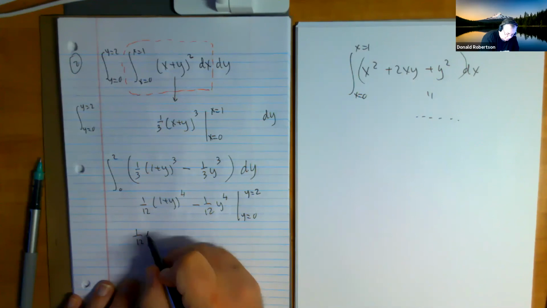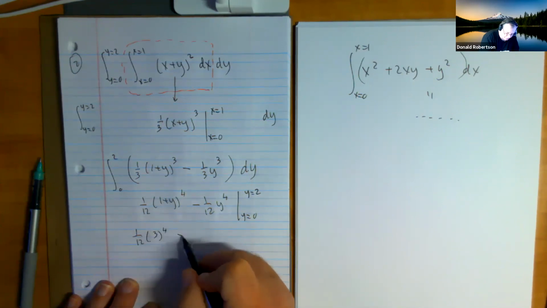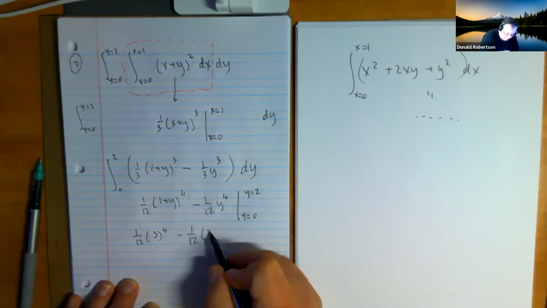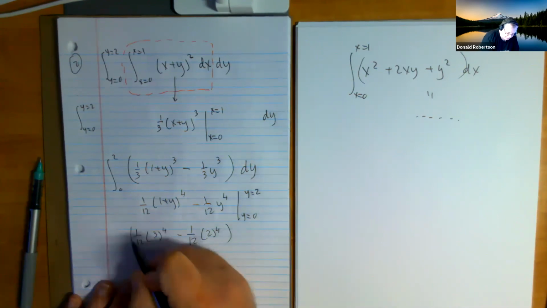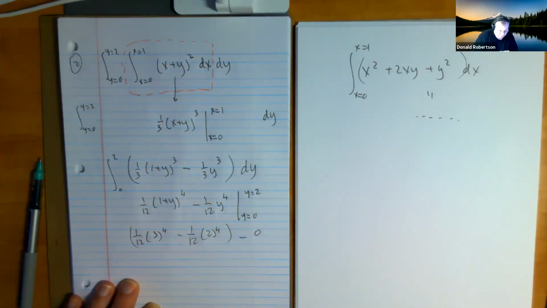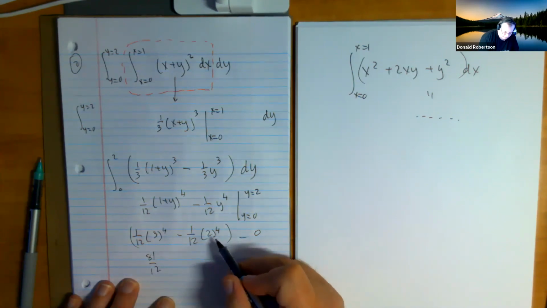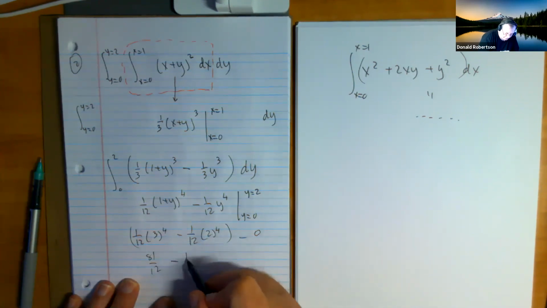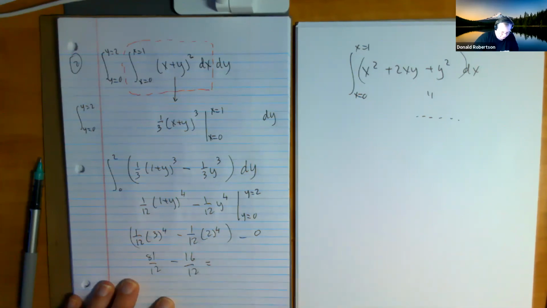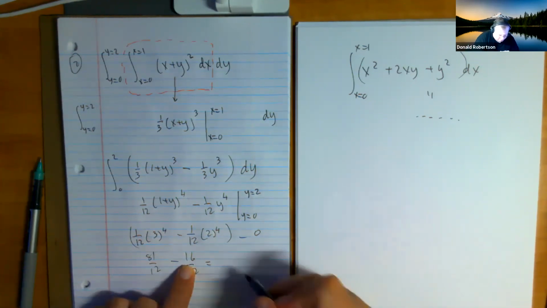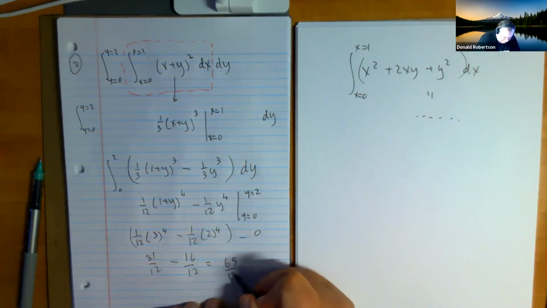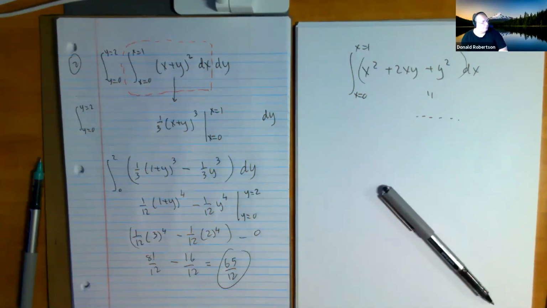So you'll have 1/12 3 to the 4, take away 1/12 2 to the 4, minus a whole load of nothings. So that's 81/12. Take away 16/12, which gives me, I believe, 65/12, or thereabouts.